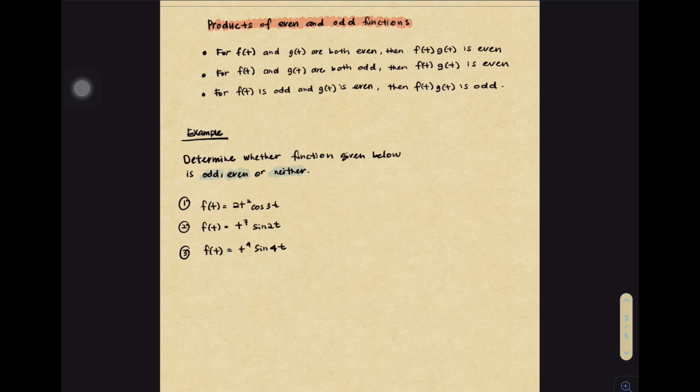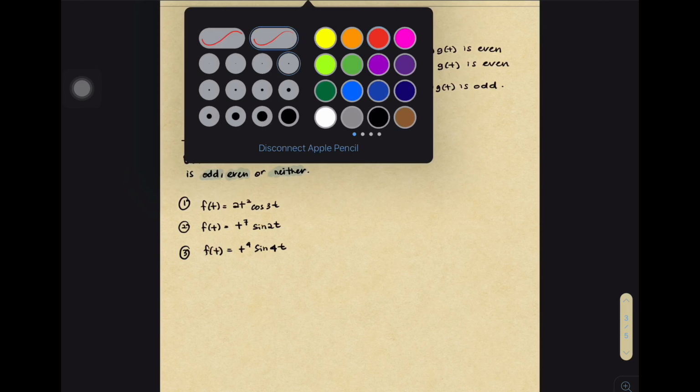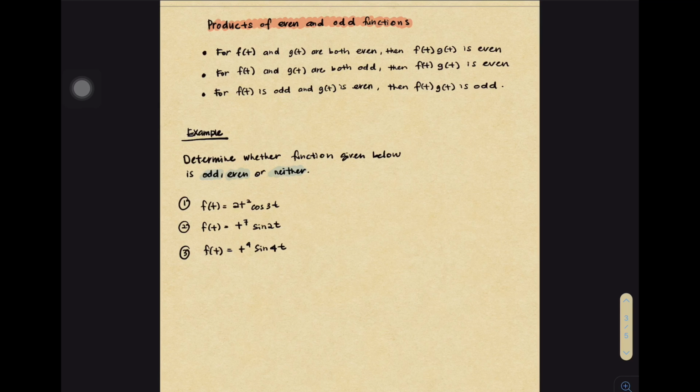Okay students, so let's see a few properties of even and odd functions. If we have a multiplication of two functions of t, for example f(t) times g(t), and both functions f(t) and g(t) are even functions, then when you multiply these two functions, you will get an even function.